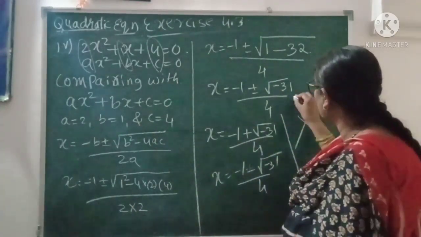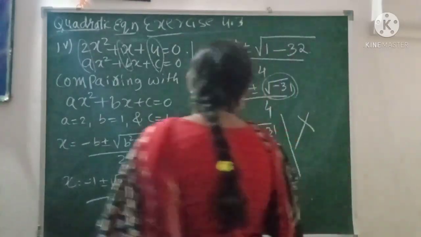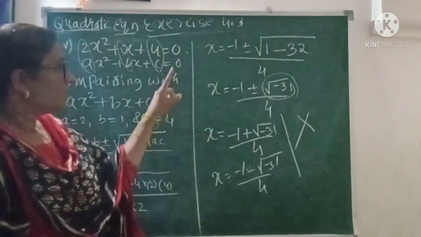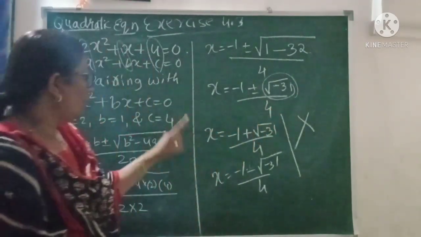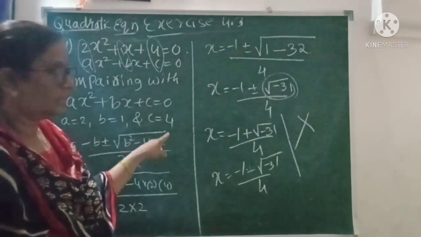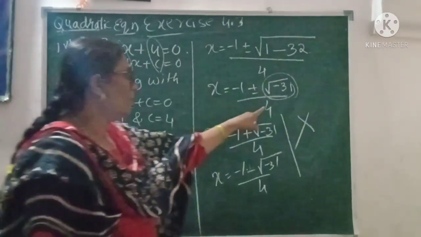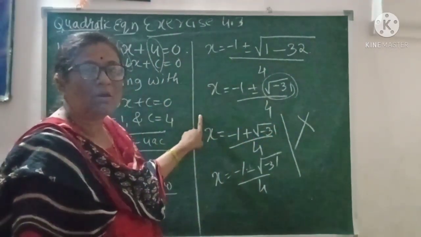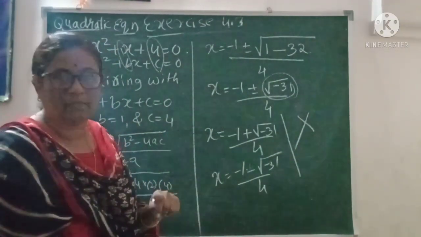If you are getting a negative number under the root, such numbers are called imaginary numbers. In the previous question also I explained, you are going to study about such numbers in your higher classes. If you have got under root a minus value in the solution of this quadratic equation, that means the roots do not exist for this equation at this level, at your level.